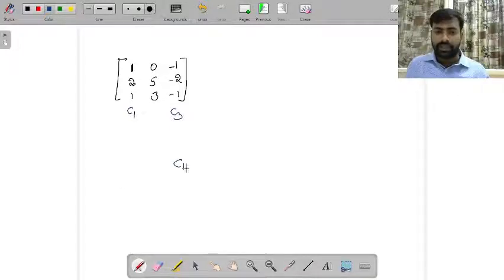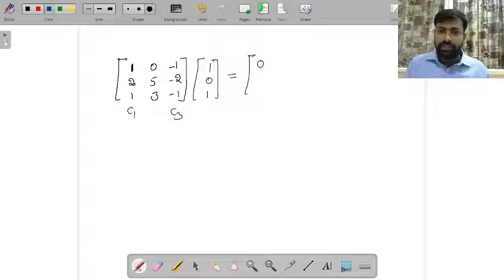When you add the first column and the third column, you will exactly get a zero column, isn't it? Now the job of this 1 0 1, when A is multiplied with it, is to add the first column and the third column. That's exactly what it will do, right? So now what is the result? The result is nothing but 0 0 0.